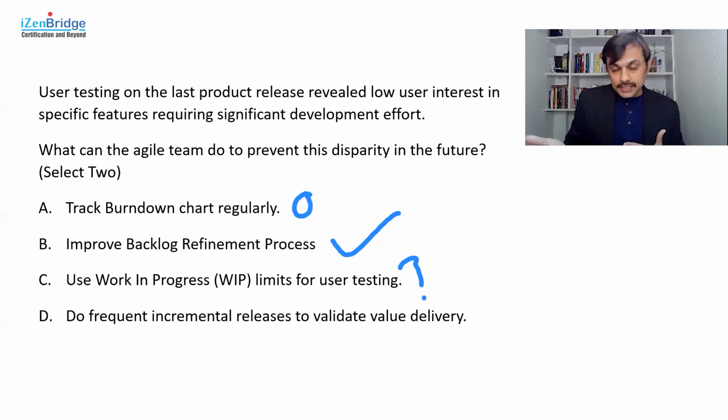So it might be a good idea, and that's the concept we learn as an MVP and frequent MBIs, that it's a good idea to do frequent incremental releases so that we can get to know what is really adding value for our user or customer base.